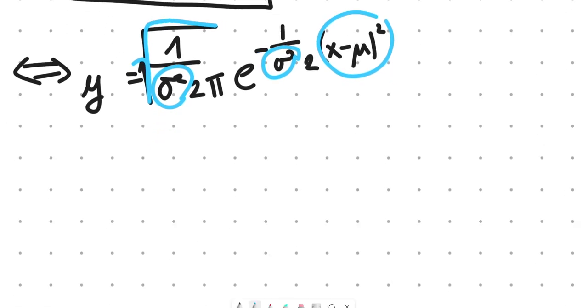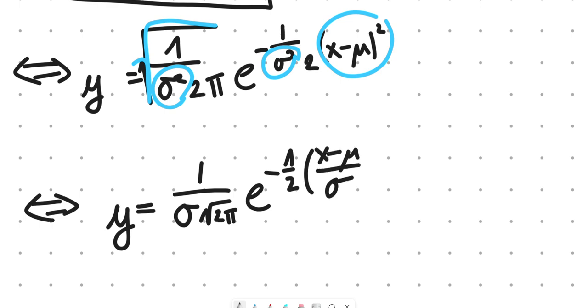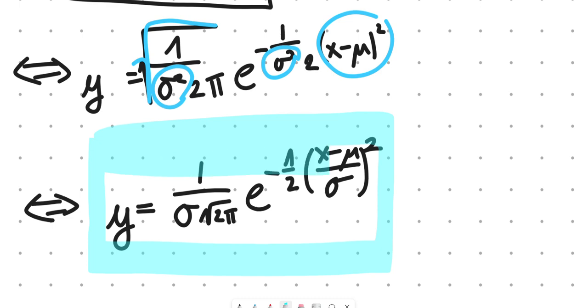So now the whole equation is y equal to 1 over sigma times the square root of 2 pi, which is actually in another video of mine, the infinity factorial, which is very, very interesting. The infinity factorial is equal to the square root of 2 pi. So you can see that video. Times e to the negative 1/2 times x minus mu divided by sigma, squared. So this is the whole entire equation.